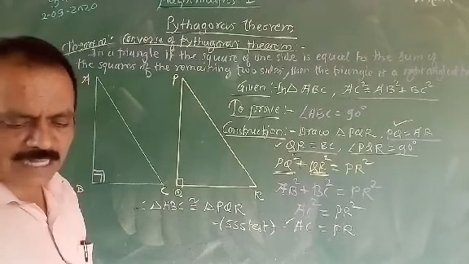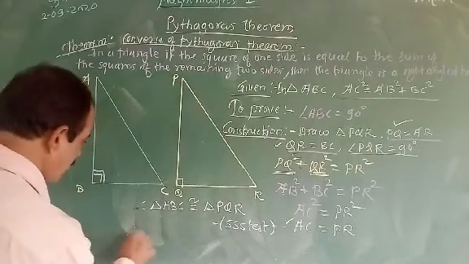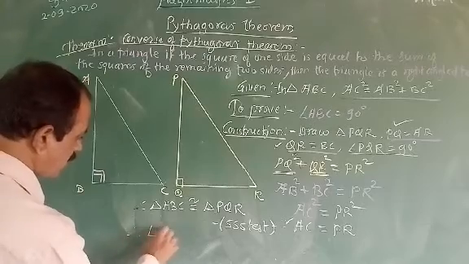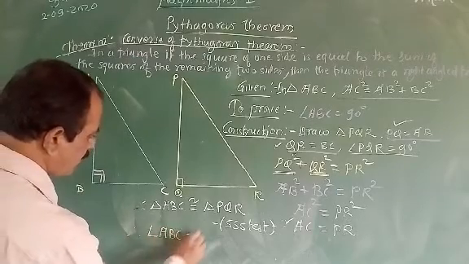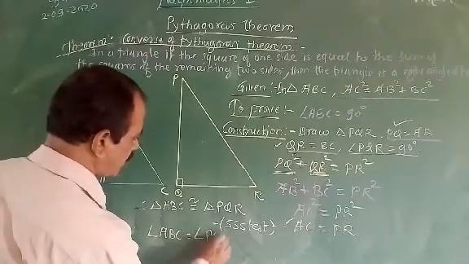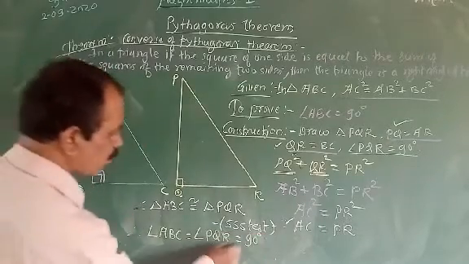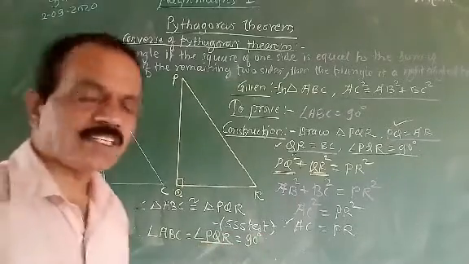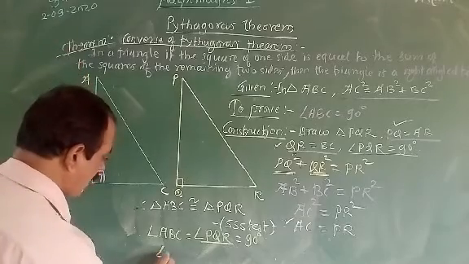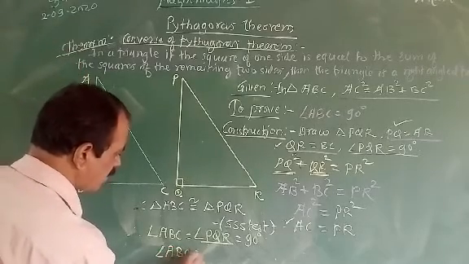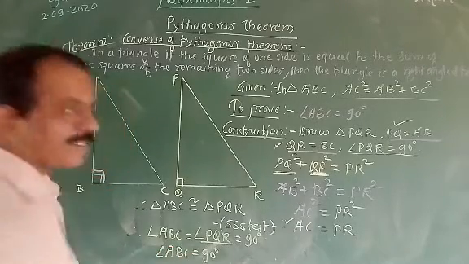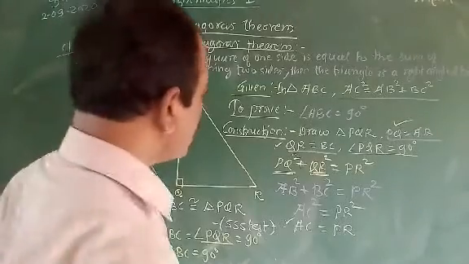When the triangles are congruent, angle ABC is equal to angle PQR, which is 90 degrees. PQR is given as 90 degrees, so angle ABC is equal to 90 degrees. Hence proved.